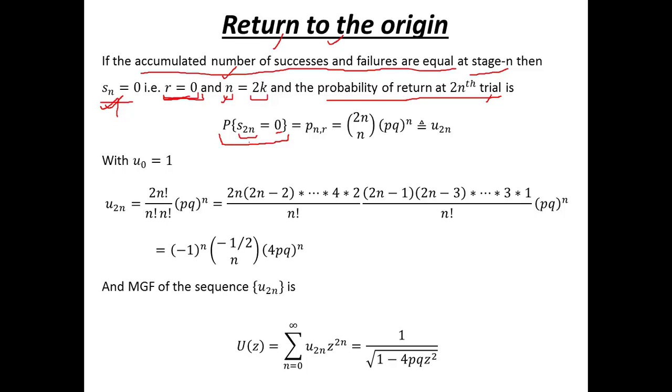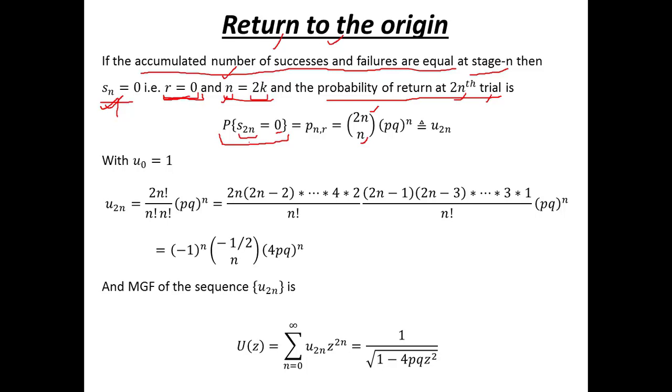So it will be equal to, in place of n you should put 2n, because you are calculating for 2n total trials. The number of successes out of total 2n will be n, because n equals 2k.